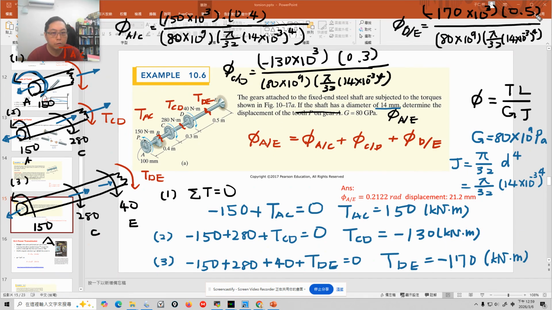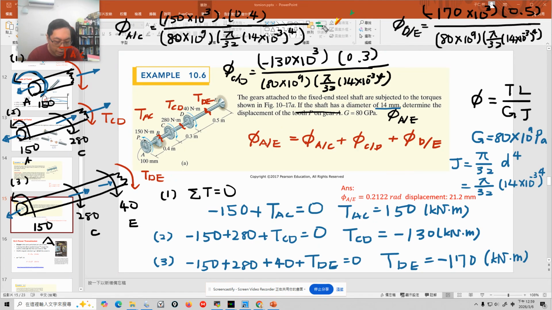After you type it into the engineering calculator, you add these three together. Let me give you the values I have. Let's use the green one.